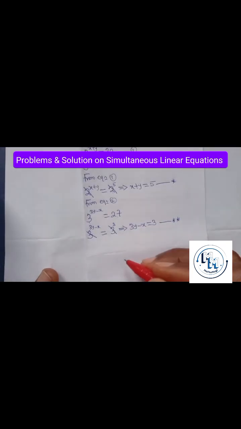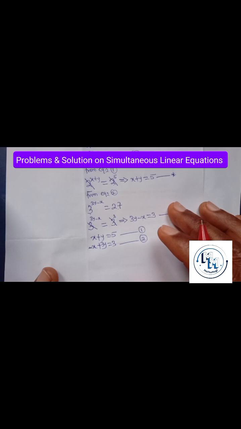Now let me bring the two together in one place. I have x plus y equal to 5, equation 1. Then here I have minus x plus 3y equal to 3, equation 2. Is that okay? Now at this point, let's eliminate, because that's what I've been using before now.